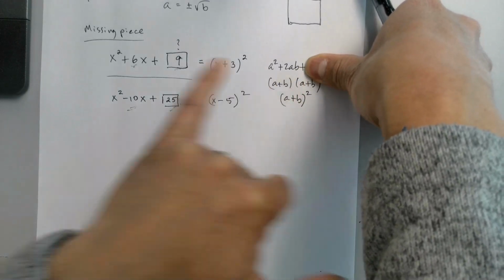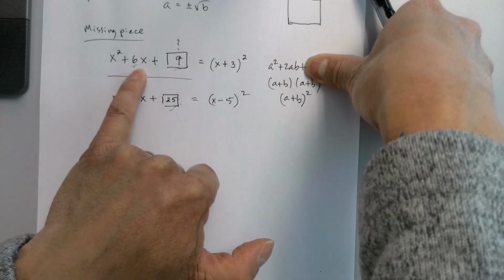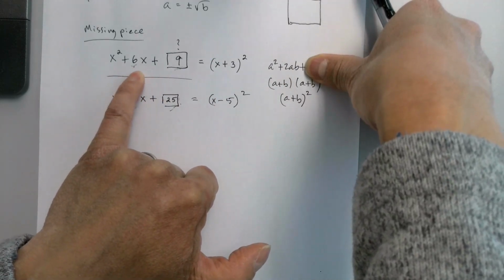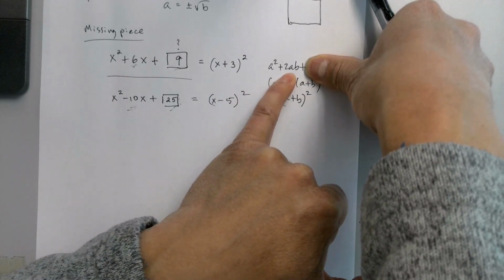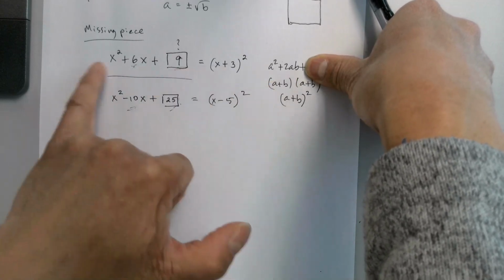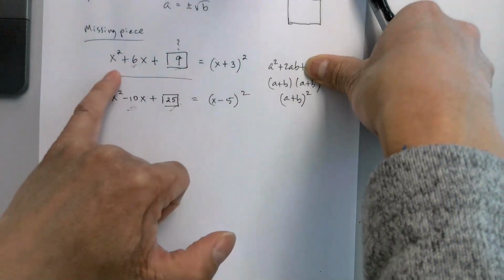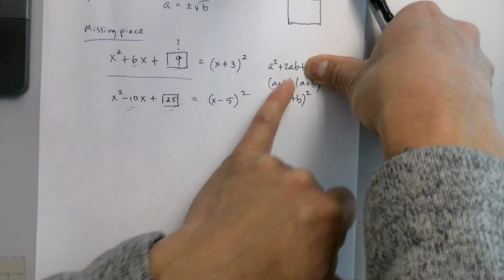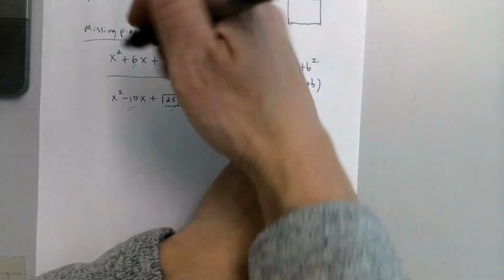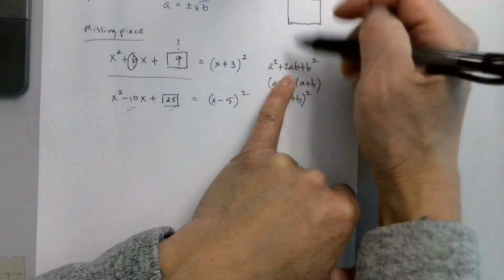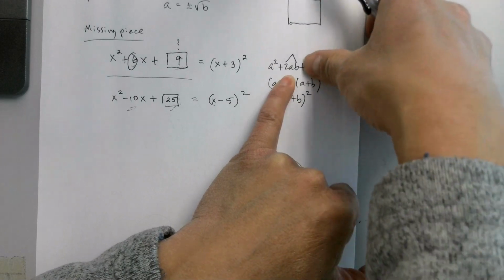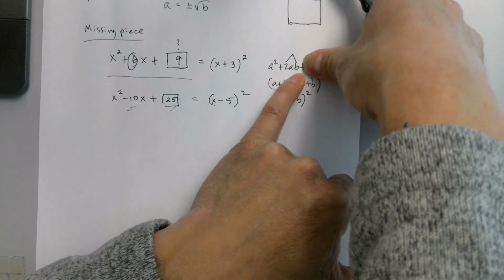The b for this trinomial is located in that 6x. Now, a in the middle term, that's x. A takes the place of x. So that means that this 6 corresponds to 2b, 2 times b.